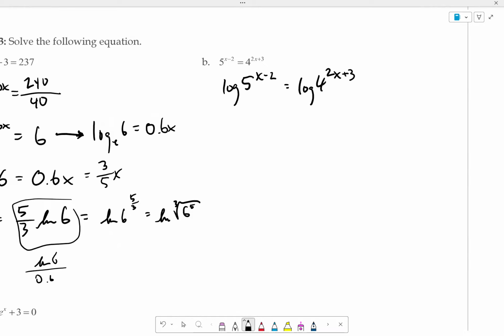What symbol do I need to see on the next step? Important symbol, two of them, they come in pairs. Parentheses. You better put parentheses.